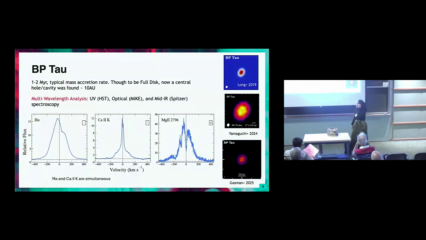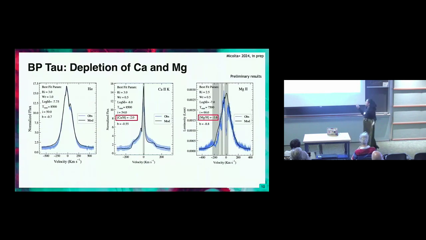So now I'm finally going to talk about BP Tau in the multi-wavelength view. We have optical data, but now we also have UV data. And this is important because we can access magnesium in the accretion flows, which was key to be able to confirm if our hypothesis of dust trapping pebbles was true. So again, we apply the magnetospheric accretion model, and we see depletion in both, so that was a relief.